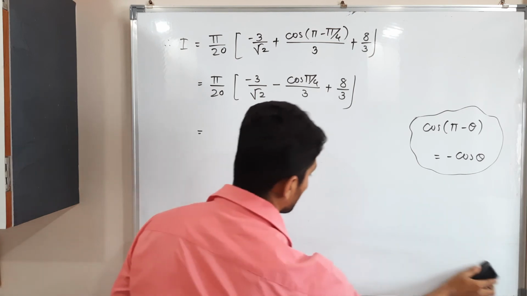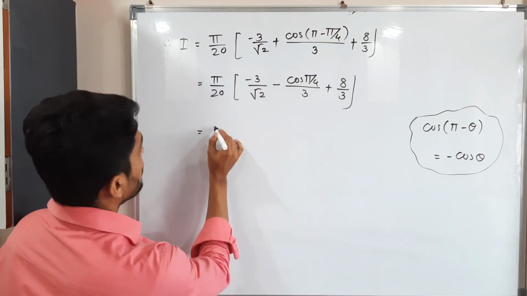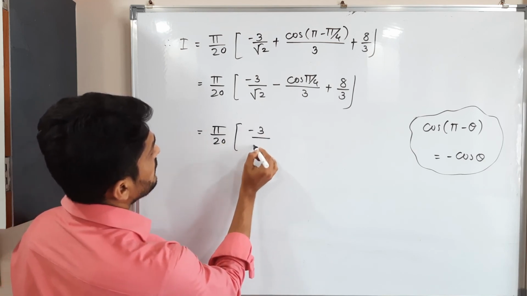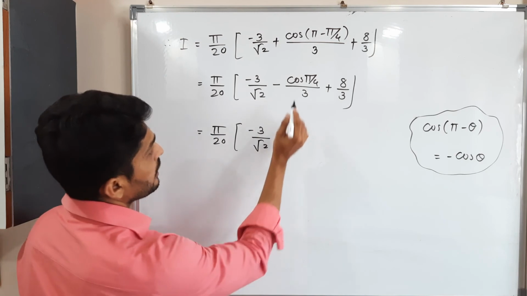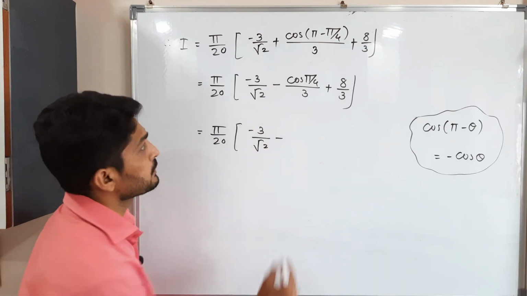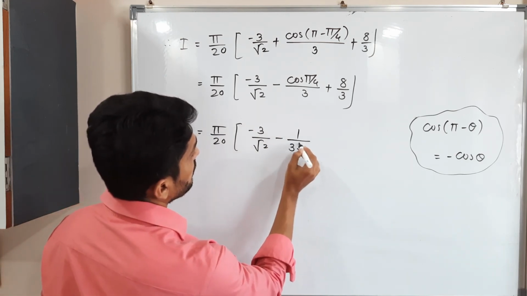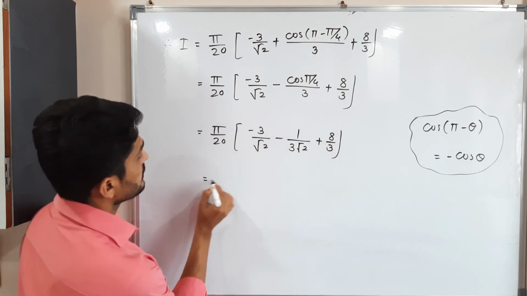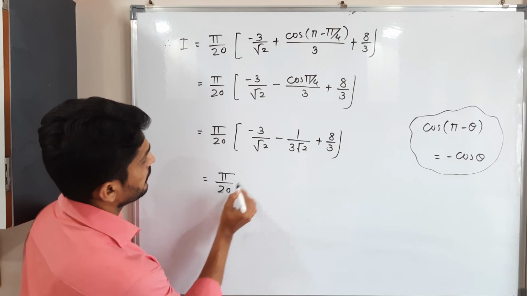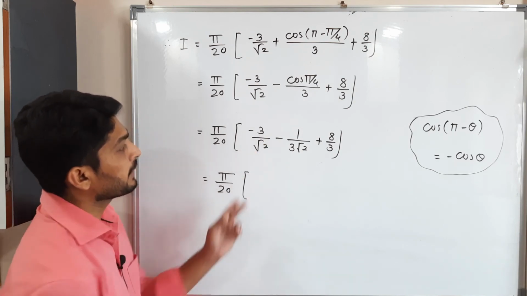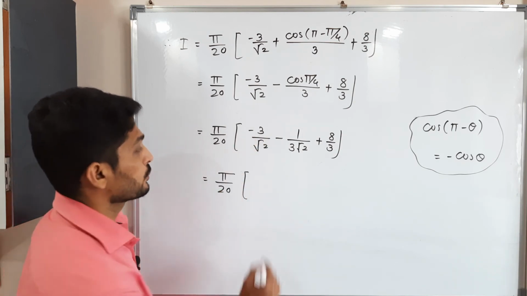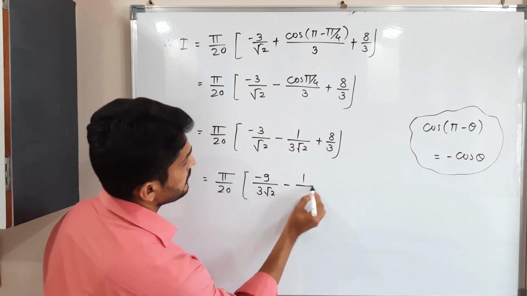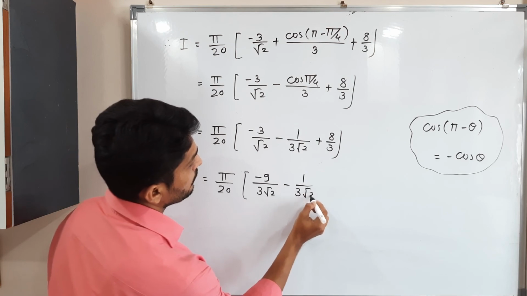So this is equal to pi by 20 times minus 3 by root 2, and cos pi by 4 means 1 by root 2, so we will have 1 by 3 root 2, plus 8 by 3. What will I do? I will multiply numerator and denominator by 3, so this is minus 9 by 3 root 2 minus 1 by 3 root 2 plus 8 by 3.